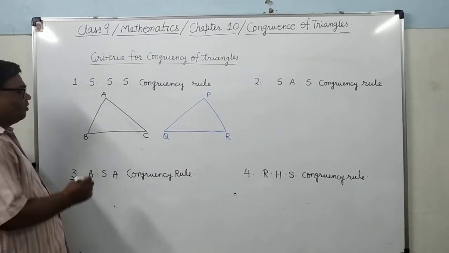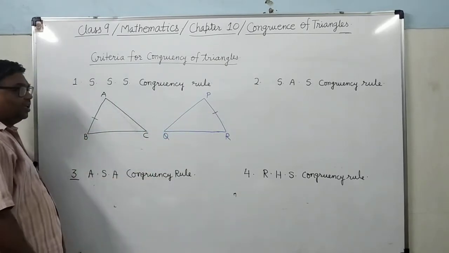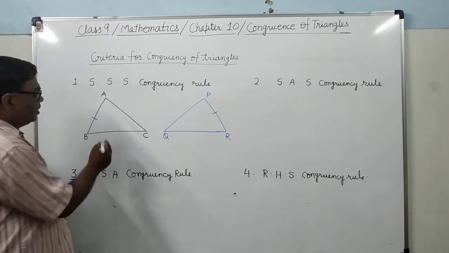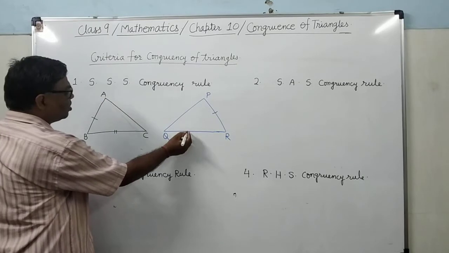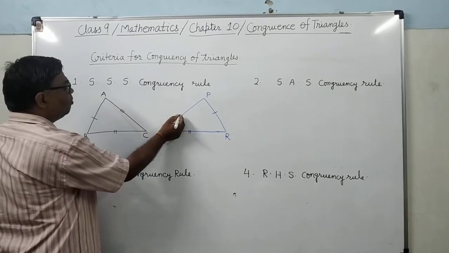And here it is given that AB is equal to PR. These same symbols mean they are equal. BC is equal to QR and AC is equal to PQ.